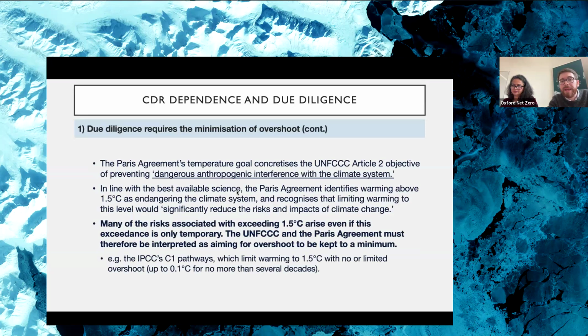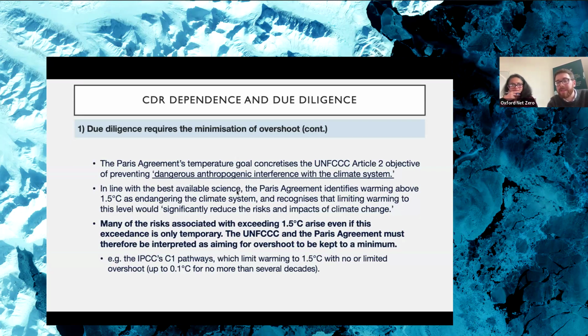And we want to suggest that only pathways that minimize overshoot are compatible with the Paris Agreement. And the key basis for making this claim is to look at the object and purpose of the UNFCCC and the Paris Agreement. So Article 2 of the UNFCCC lays out what the point of all of these agreements are, which is to avoid dangerous anthropogenic interference with the climate system. And what we've established in the insight into the risks of overshoot that we laid out there is that many of the dangerous anthropogenic interferences will take place if we enter a temporary period of overshoot, even if we have the intention of later reducing temperatures back down to a safe level.